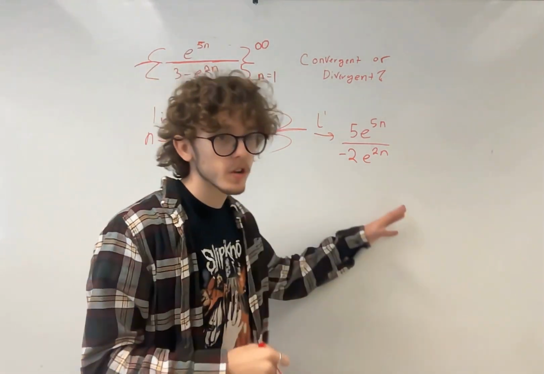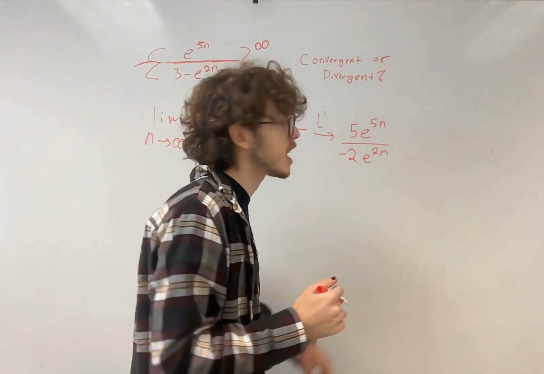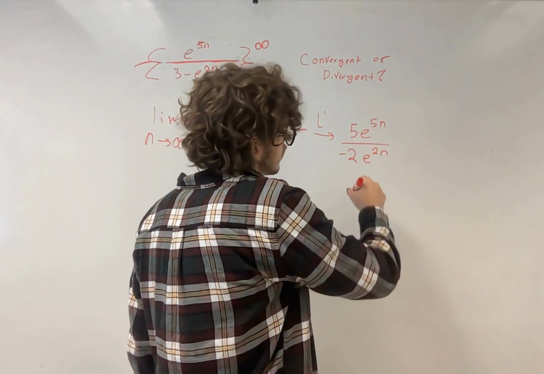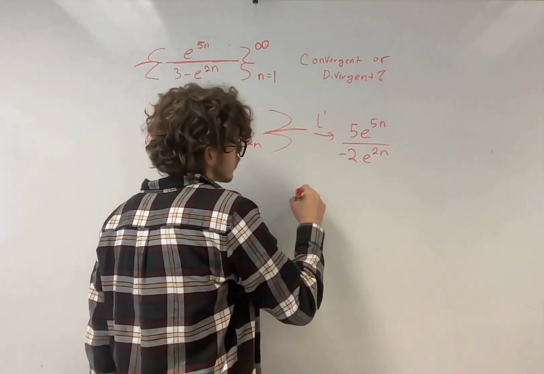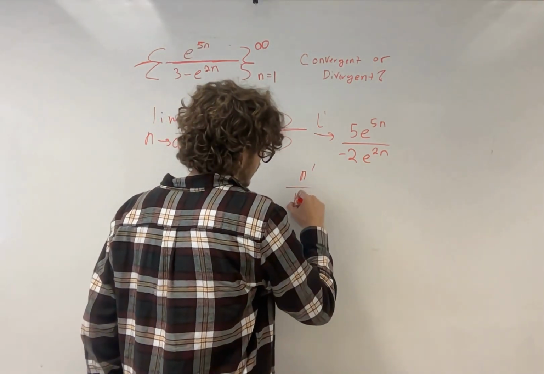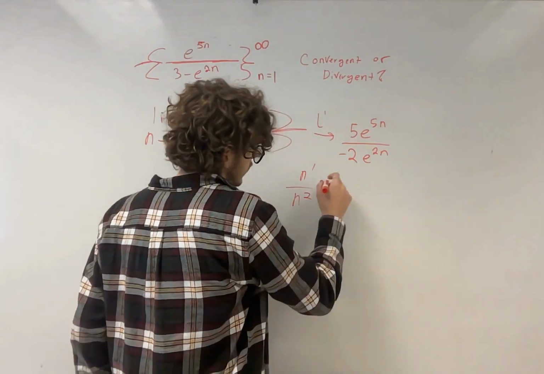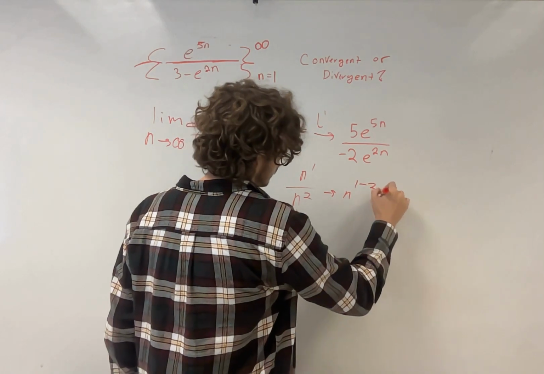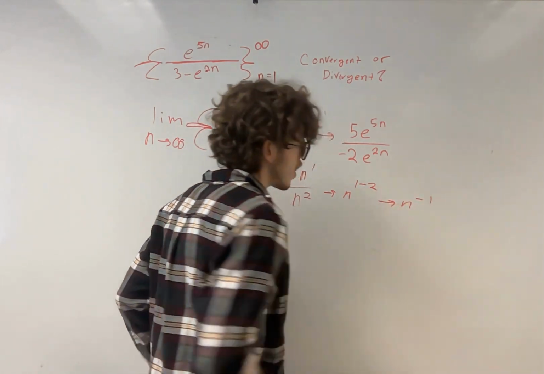There aren't additive or subtractive terms, so we're allowed to cancel top and bottom. We have 5n over 2n. Remember the quotient rule for exponents: if we have n to the first over n to the second, we subtract, so this is n to the 1 minus 2, or n to the negative 1.